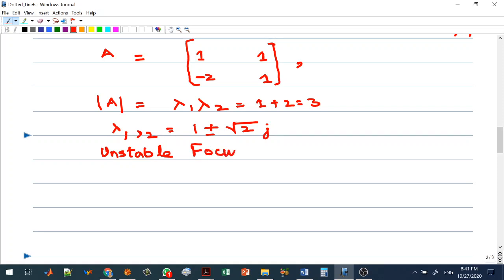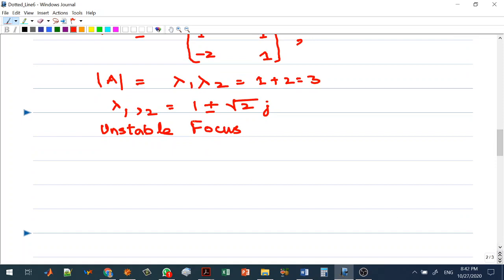It is a complex eigenvalue, and its real part is greater than 0. Right? So this is unstable. Okay. Now, what we have established is that there is one equilibrium point within the system, and that equilibrium point is an unstable focus. So one of the conditions of the corollary of Poincare Bendixson theorem is satisfied.